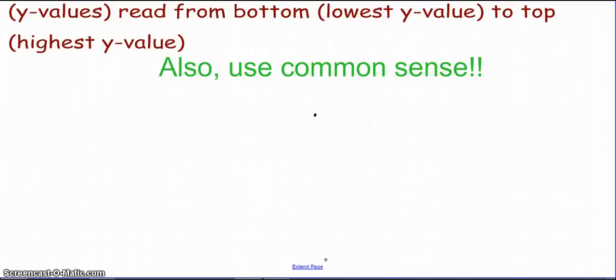The last thing to keep in mind, both when we're talking about domain and range, is to use some common sense also. So what do we mean by that? Well, a lot of times we'll be dealing with a word problem or a problem that pertains to some real-life situation. In that case, there are limits on the domain and the range that may not be actual limits to the function. Think about time, for example. We usually don't use negative time, so if time was your input value, that would restrict your domain.